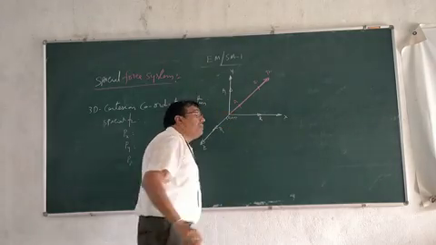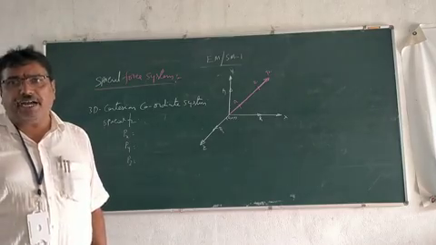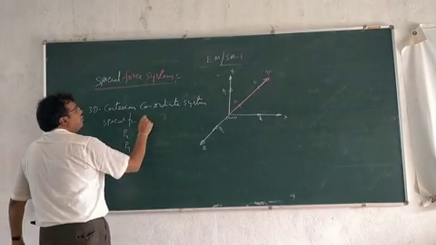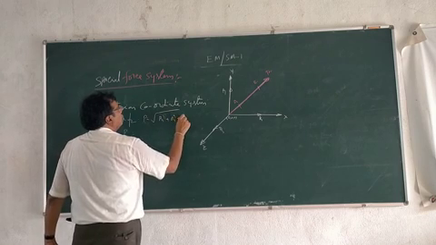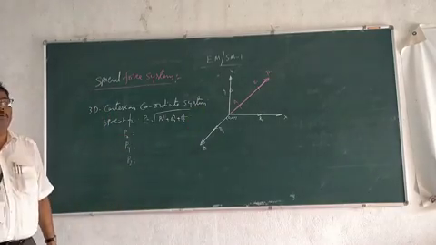All are the component forces, and P is the resultant. P is equal to the root of Px square plus Py square plus Pz square.